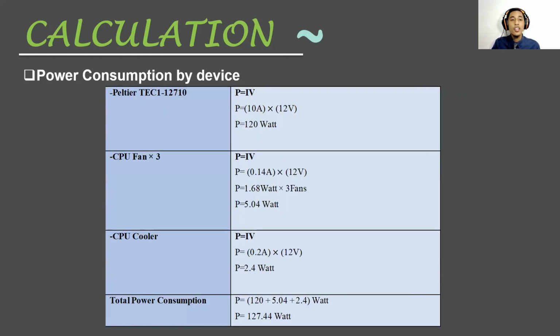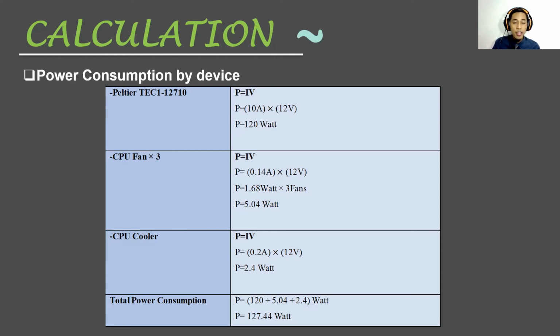Okay. For the calculation of power consumption by the device, for the Peltier, the current I use is 10 amperes, while the voltage of the Peltier is 12 volts, giving 120 watts.